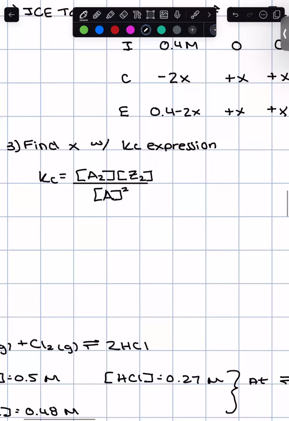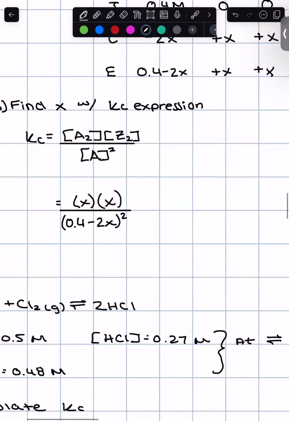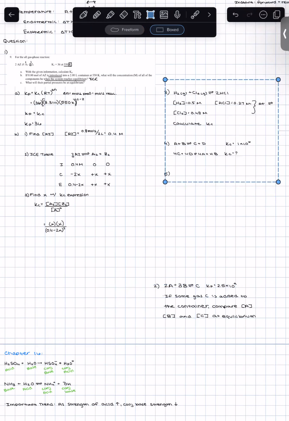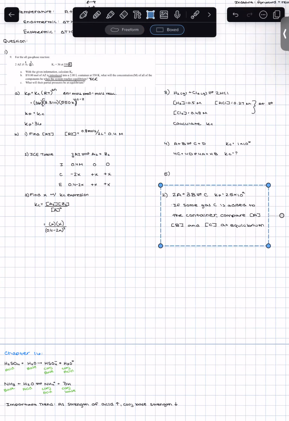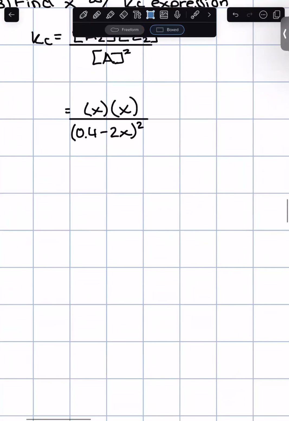So this is going to be equal to x times x over (0.4 minus 2x) squared. And then move this stuff over here. It's getting in my way. So let's simplify this a little bit further.